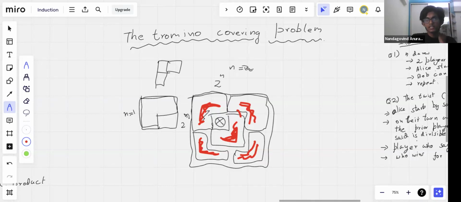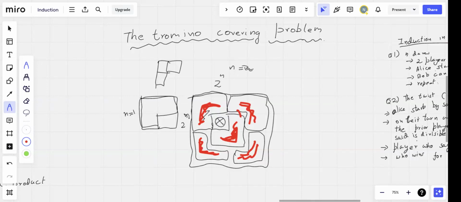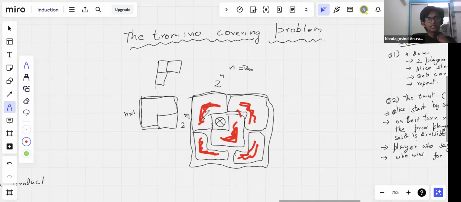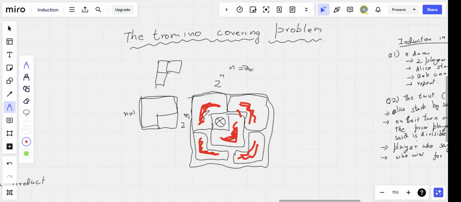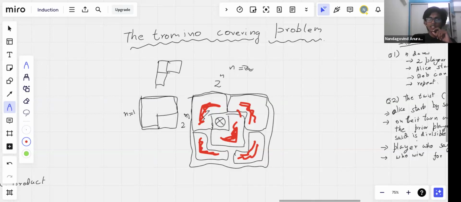Have you guys seen this problem before? I think this problem was quite famous. I've seen it somewhere. It's the first problem of Mathematical Circles, in the introduction chapter. I've never done Mathematical Circles.